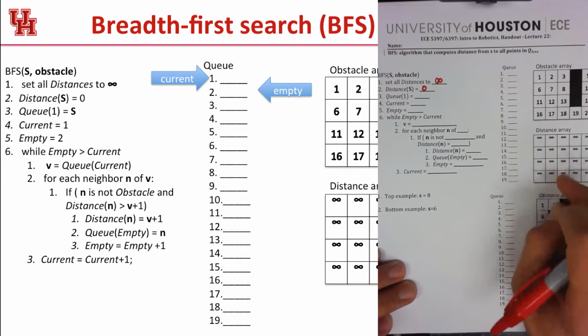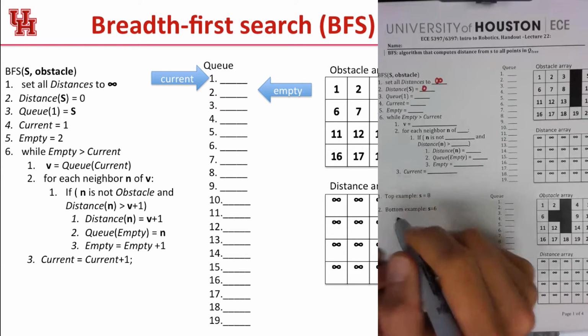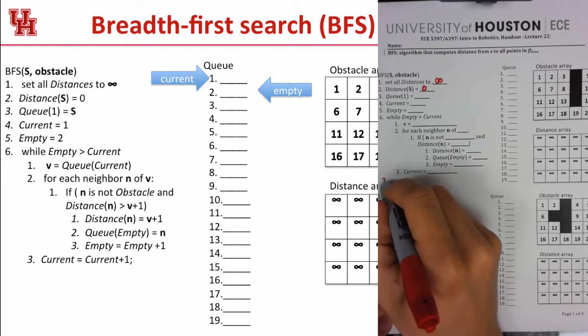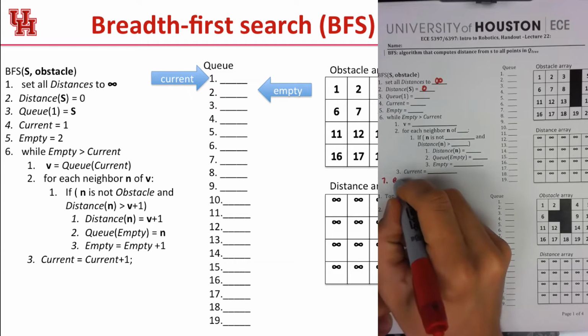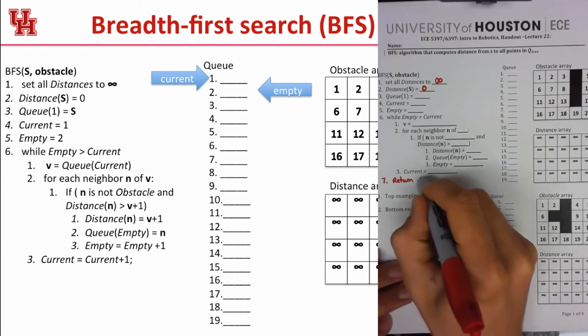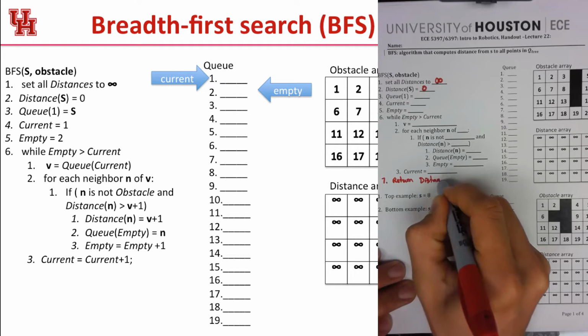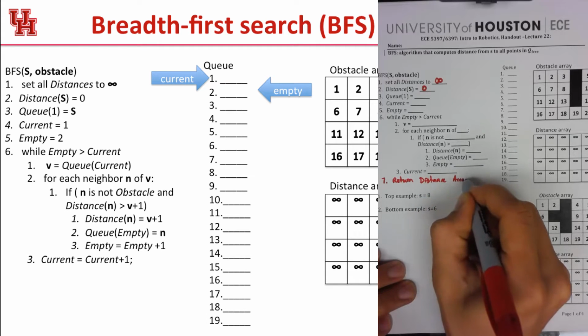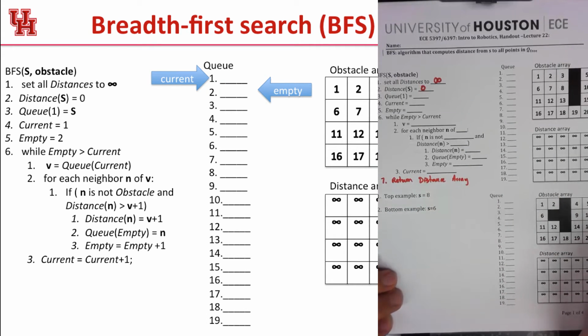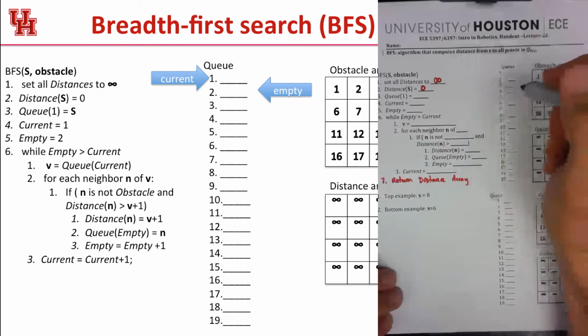What we're going to return is this distance array. So I'm going to add that at the top. 7. Return distance array. So our goal is to build this distance array that tells you all the distances to some start node s.